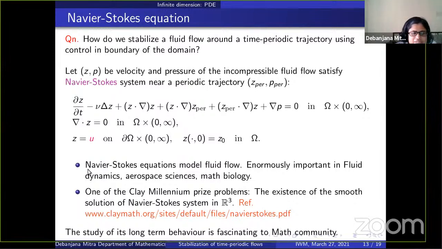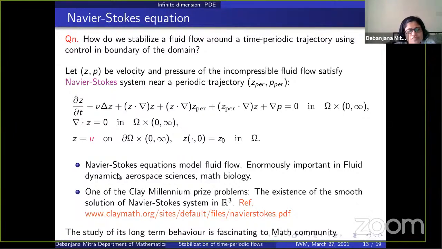One reason is that from a practical point of view, the Navier-Stokes equation models fluid flow, and it arises in several other fields, for example aerospace sciences, biology, and physics.